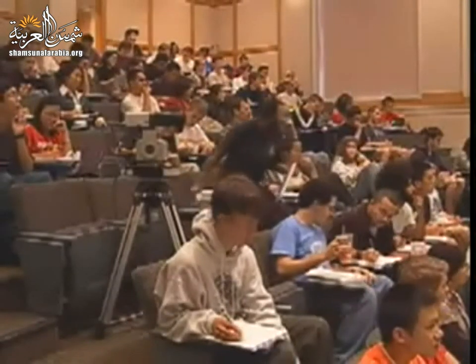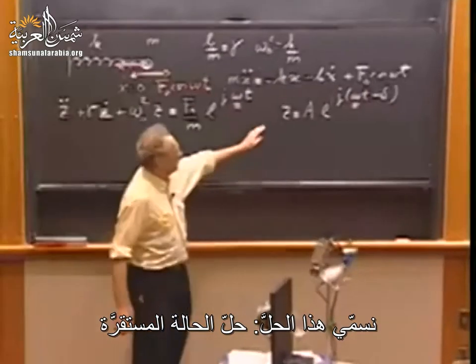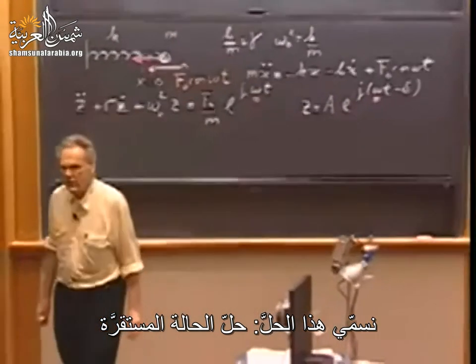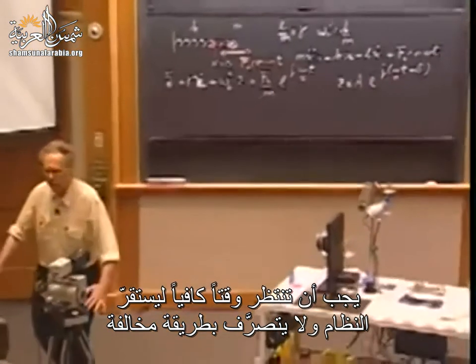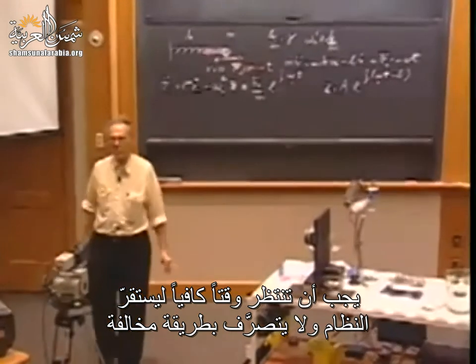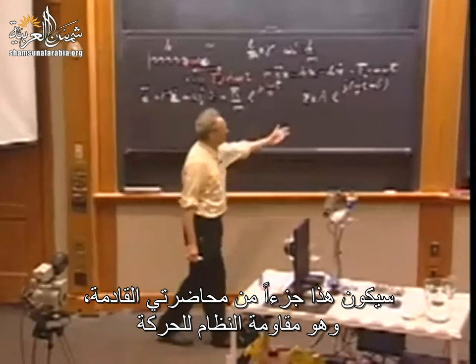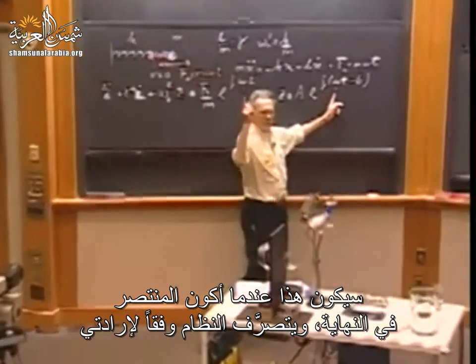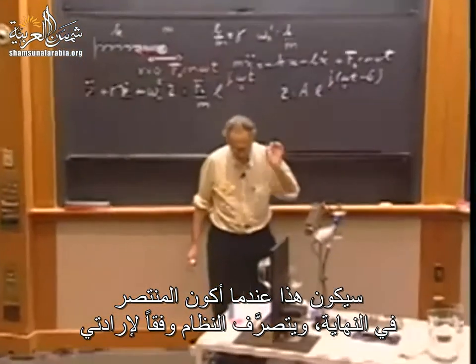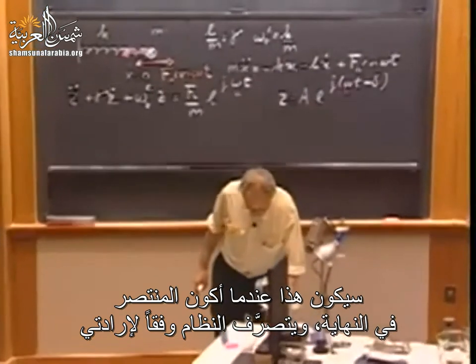We call this solution a steady state solution. Steady state means that you must wait long enough for the system not to fight you any longer. That will be part of my next lecture, the fighting issue. This is when I ultimately come out to be the winner and when the system follows my will.